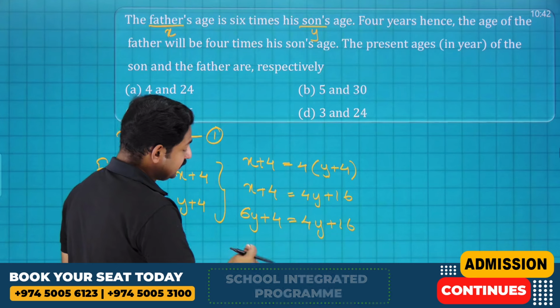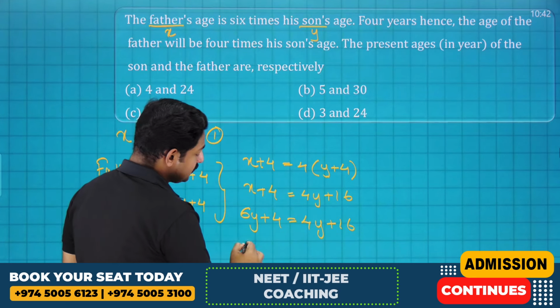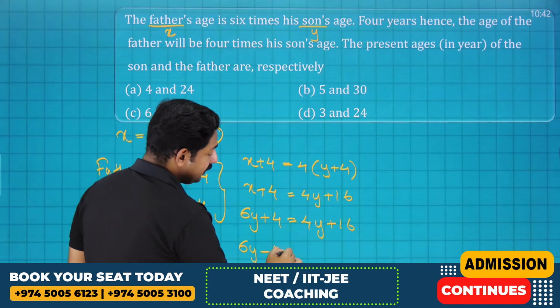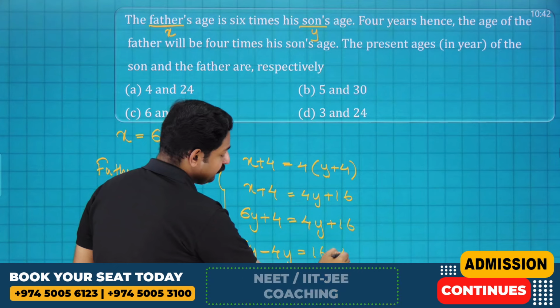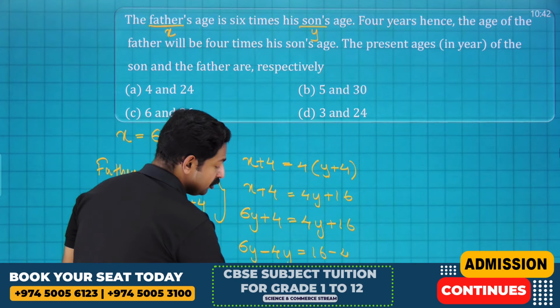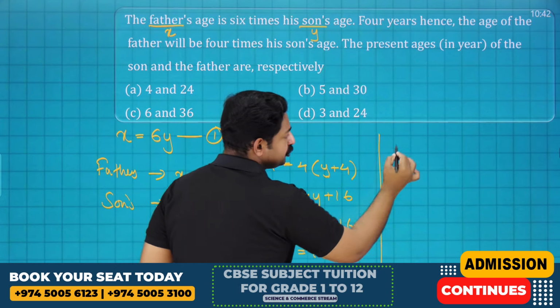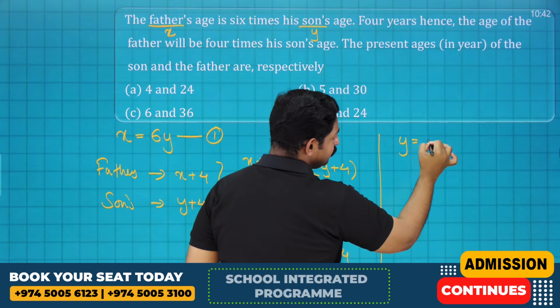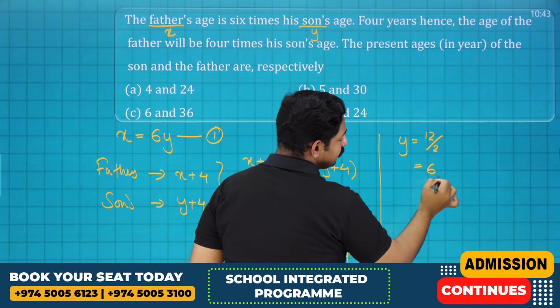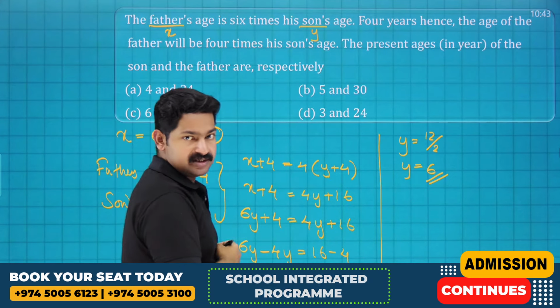On the next step, if you bring 4y to the left side, 6y minus 4y is equal to 16 minus 4. So 2y is equal to 16 minus 4, you will be getting 12. So 2y is equal to 12, then the value of y is equal to 12 by 2, you will be getting 6. So the value of y is equal to 6.